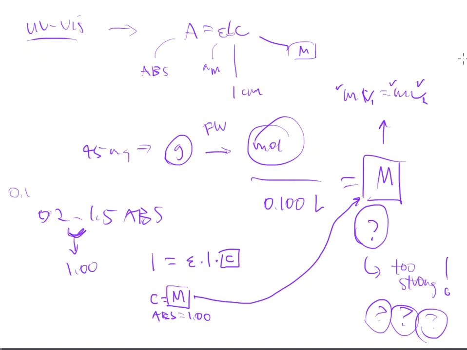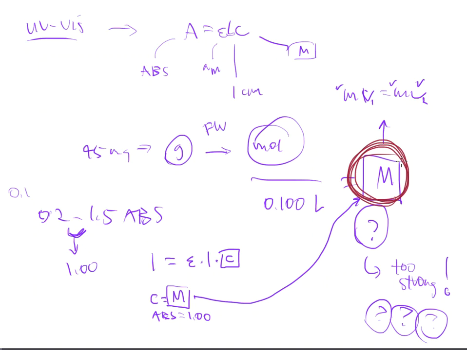I'm going to take the residue, dissolve it and make a solution out of it, and I'm going to calculate the concentration that I actually have in my hand before I diluted anything. Okay. Then I'm going to use Beer's law, and you pick the absorbance that you want. I picked a 1 for this example, but if you wanted to pick a 0.75 or a 0.5 or a 1.25, then do it.